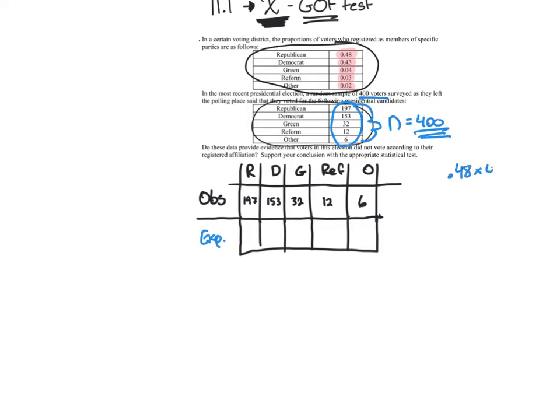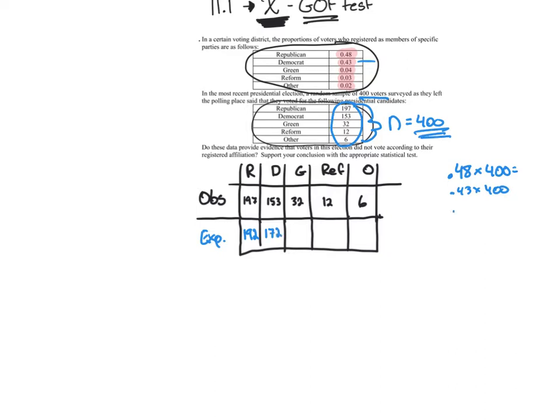What if I took 48% times 400? I'm going to do that in my calculator real quick. If I do 0.48 times 400, if truly 48% are Republican, then I would expect to see 192 of 400 to be Republicans. What about Democrats? Democrats is 0.43 times 400, so I would expect to see 172.